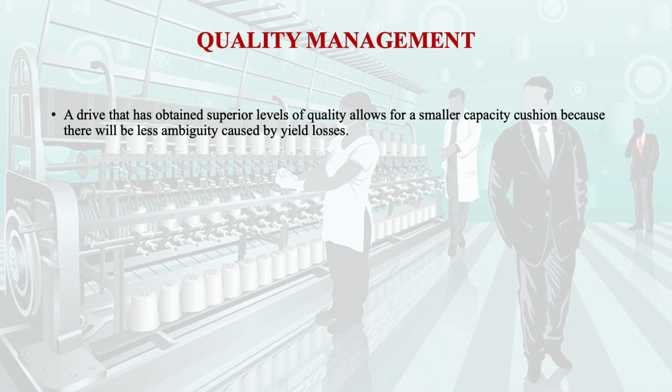Just like quality management, a simple drive that has obtained a superior level of quality allows for a smaller capacity cushion, because if we go for a larger capacity cushion, there may be chances of ambiguity and chances of yield loss.